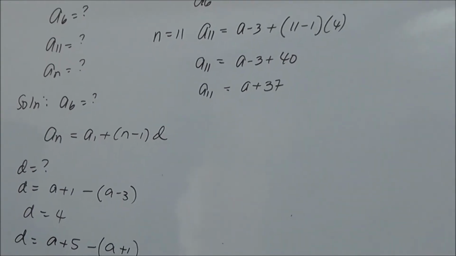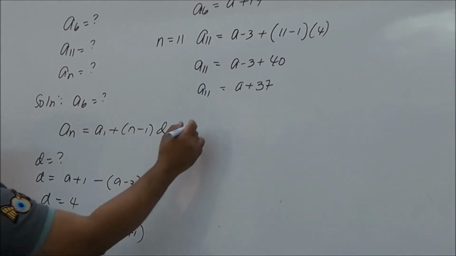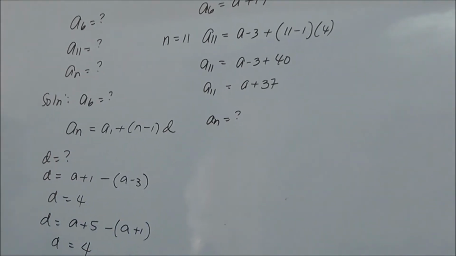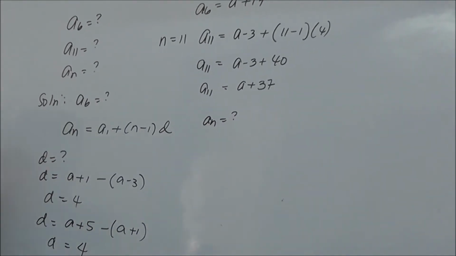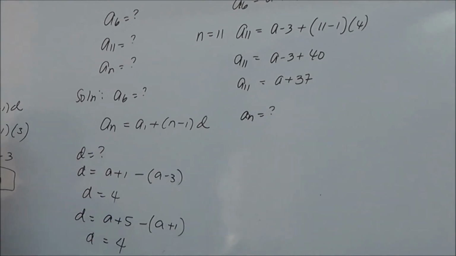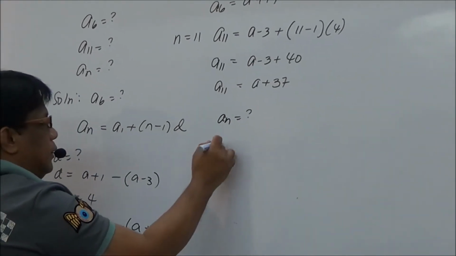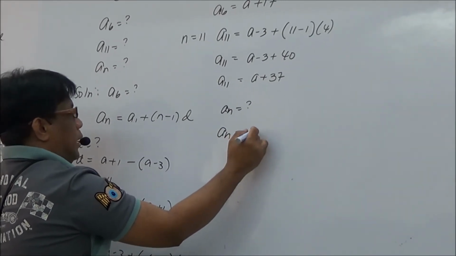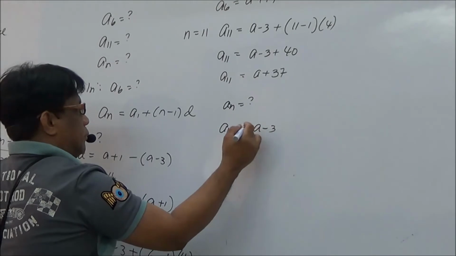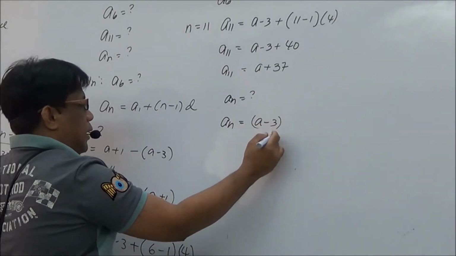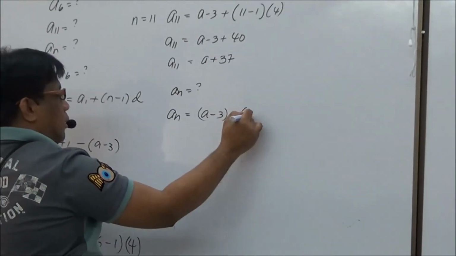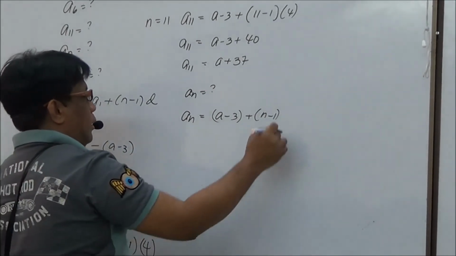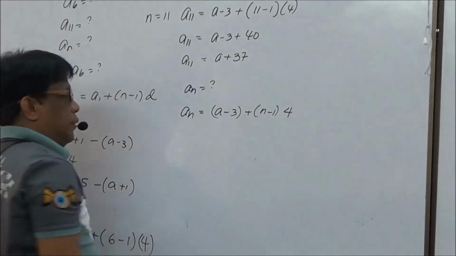Okay? Then the last one now where we have a sub n, or the formula for the nth term. So still using this formula, a1 plus (n minus 1) times d. So a sub n now equals a1, which is a minus 3, plus quantity (n minus 1) times 4.